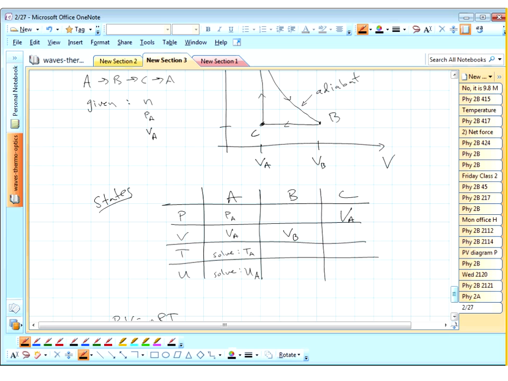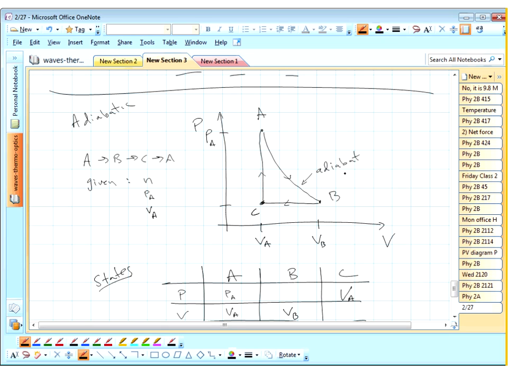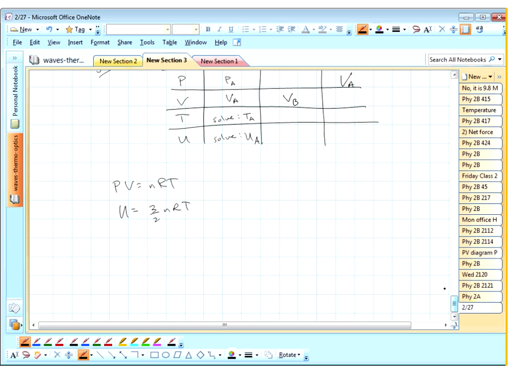But we know something about this process that connects A and B. That's an adiabatic process. And something is true for adiabatic processes: P V to the gamma is a constant.